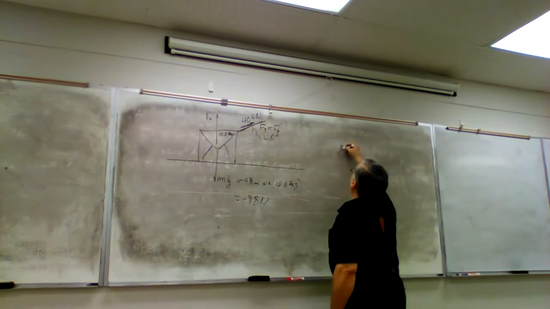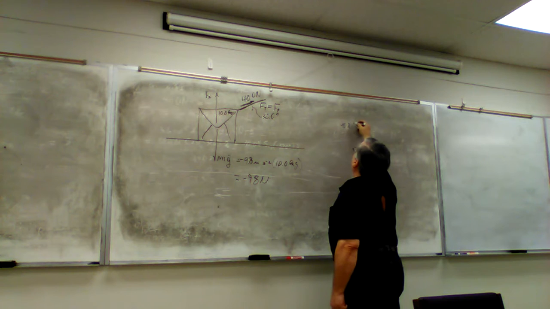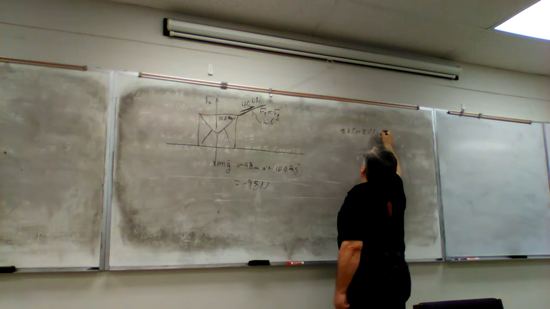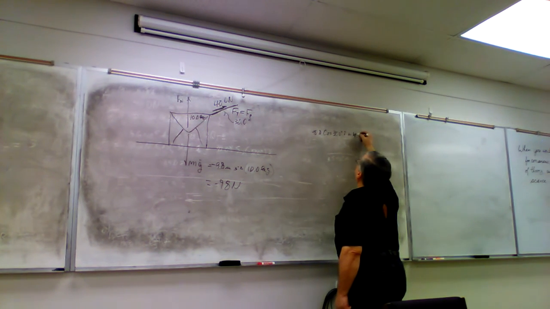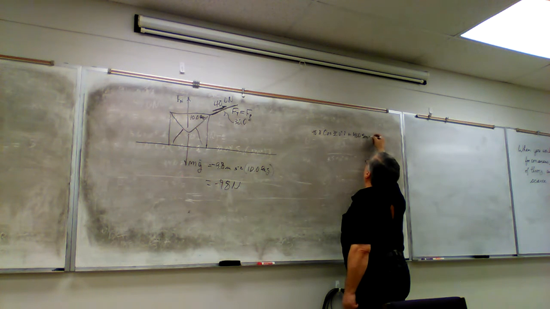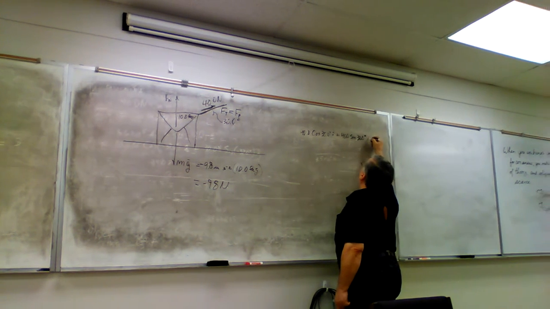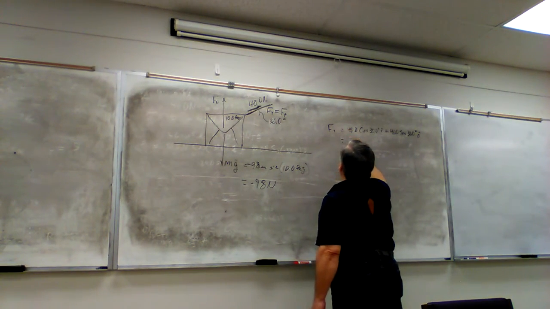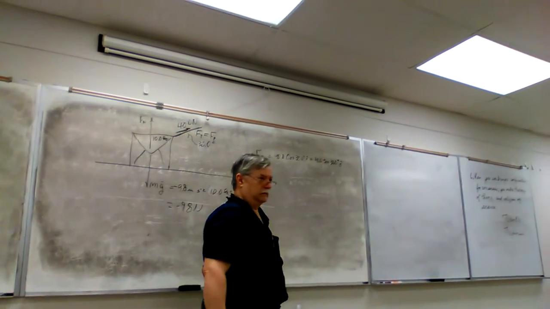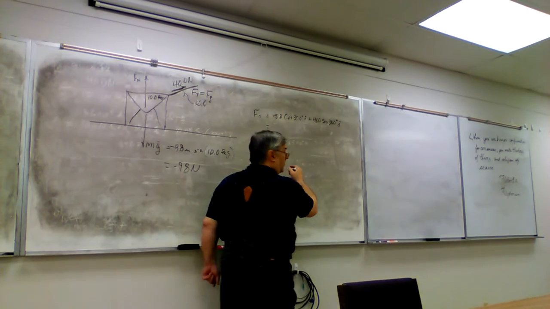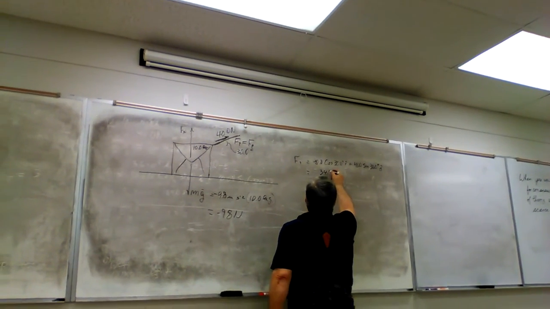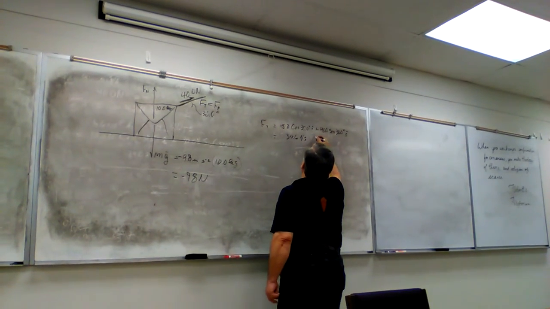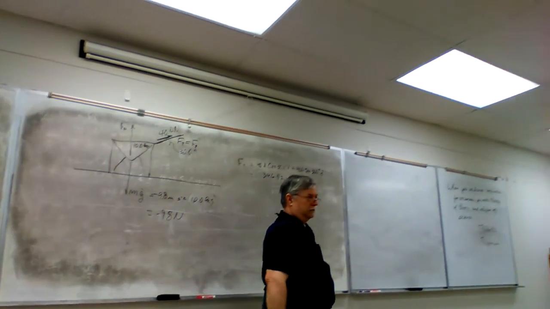So we've got 40.0 newtons times the cosine of 30 degrees, I, plus 40 times the sine of 30 degrees, J. What's 40 times cosine 30? 34.6 newtons I, and 40 times sine 30.